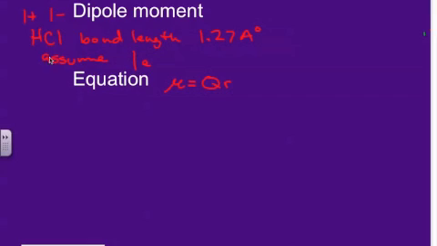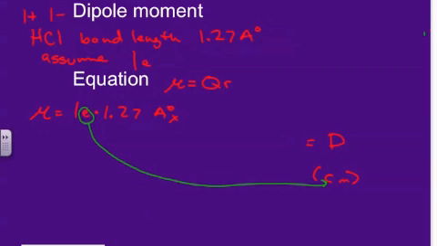First, we start plugging in our numbers. So mu equals Q, which we said was 1 e, times R, which is 1.27 angstroms. Let's remember that we want D's all the way over here, and D's equal coulomb meters. So first, we have to get rid of these charges and turn them into coulombs.